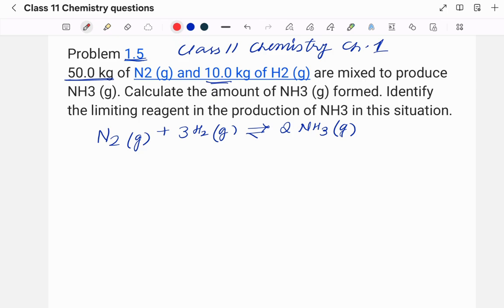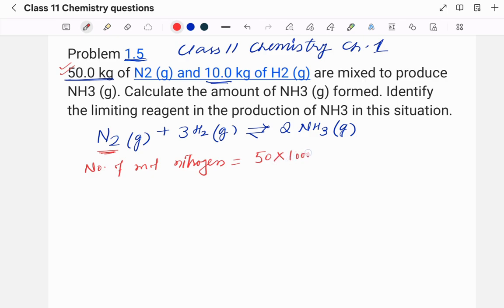First of all, we are going to calculate the number of moles of nitrogen. We have to divide the given mass by the molar mass of nitrogen. The given mass is 50, and this is in kilograms, so you have to remember to convert this kilogram into gram.